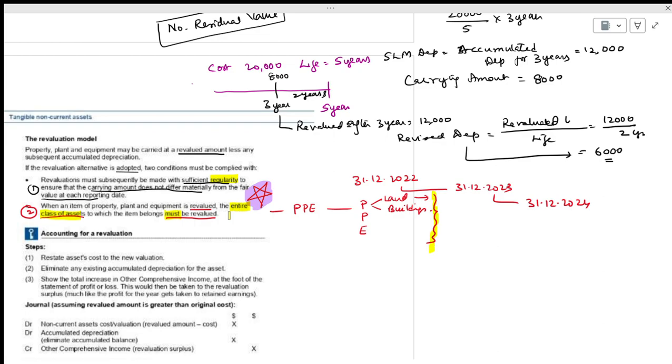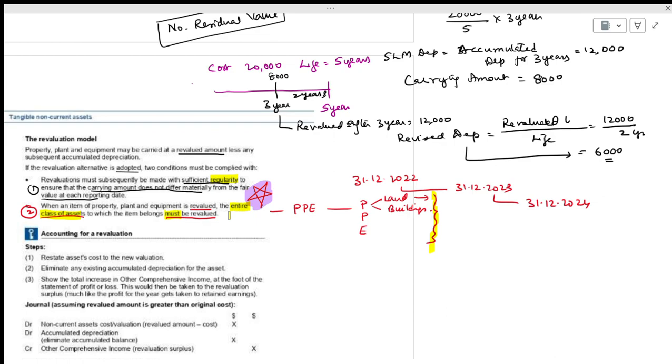If you are not doing revaluation, you have not started revaluation, nothing will happen. But once you start doing revaluation of the property, plant and equipment, you have to do revaluation regularly. First thing, you have to do revaluation for all the assets.